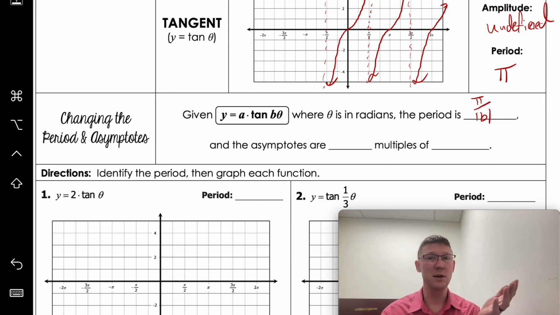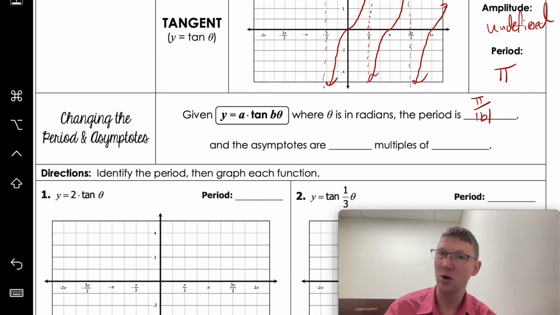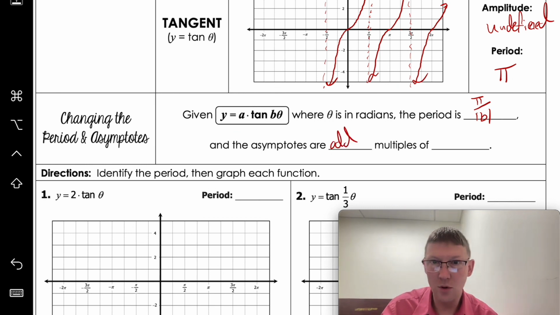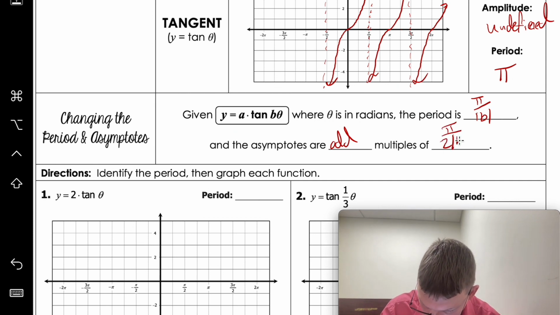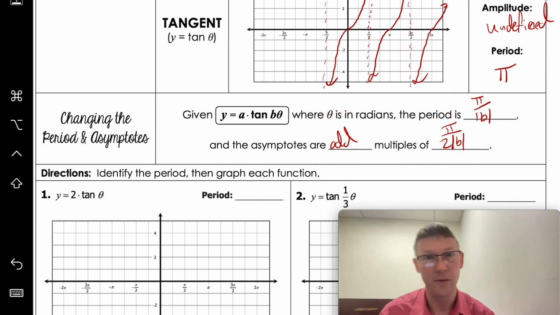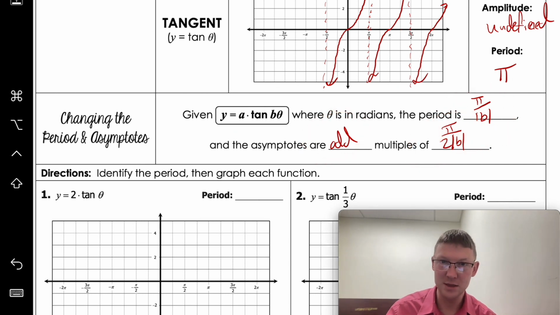That's a little bit different from sine and cosine, so make sure you're aware of that. And the asymptotes are odd multiples of pi over 2b. This seems like something that would be really helpful to go on a note card. Hint, hint. All right, let's try some examples.